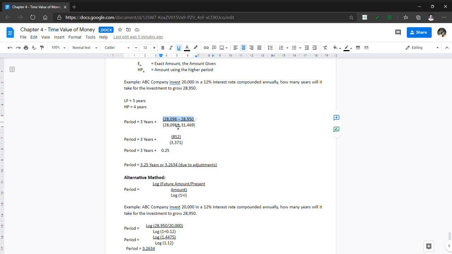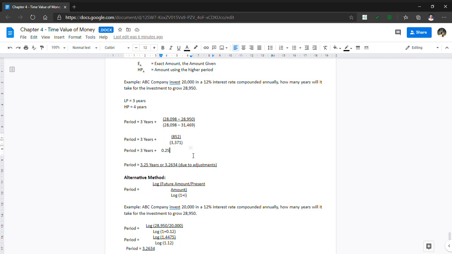So deduct, kuha nyo 852 divided by 3371. Okay, 852 divided by 3371 to get yung 0.25. So, 0.25, just add it to the lower period. So, in this case, 3 years. So, 3 plus 0.25, the period now is 3.25 or 3.2634. So, the difference is due to the adjustment.